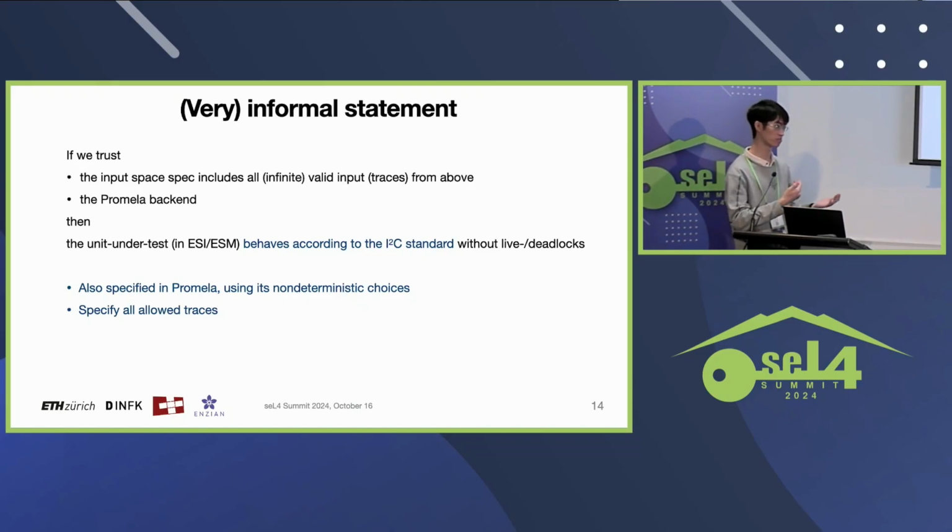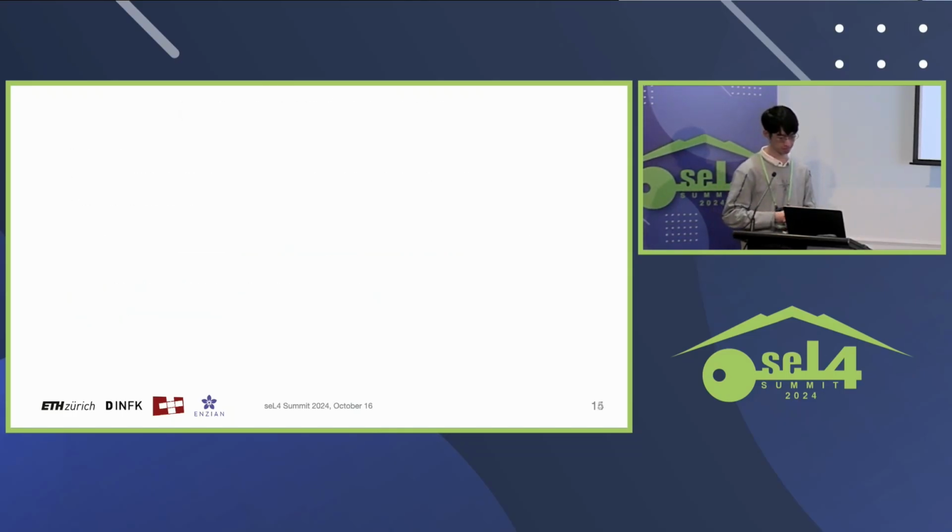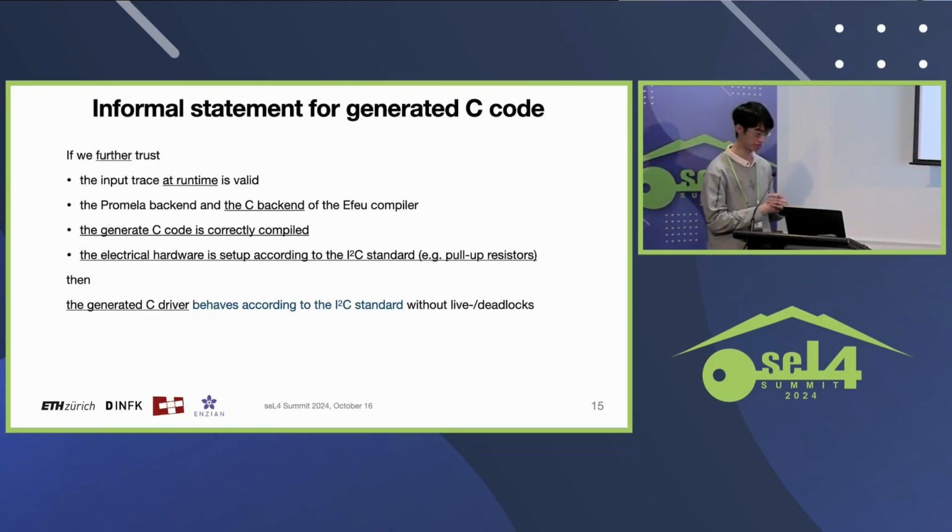You cannot send bytes without a start, or stop before a start. Further, if we additionally trust the C backend, which I'm going to cover soon, and trust the actual input at runtime, plus trusting the code is correctly compiled and integrated, then the generated C code also preserves those properties.